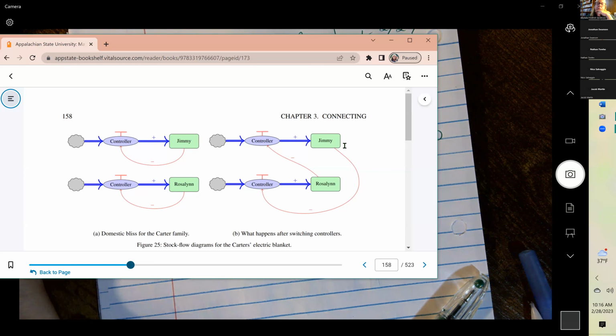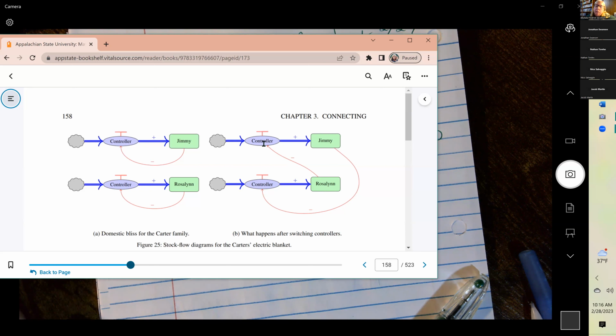This one is one continuous feedback. So this whole loop is a feedback, where this one is two separate feedbacks. And notice a negative and a negative, there's two of them, which means this is amplifying.